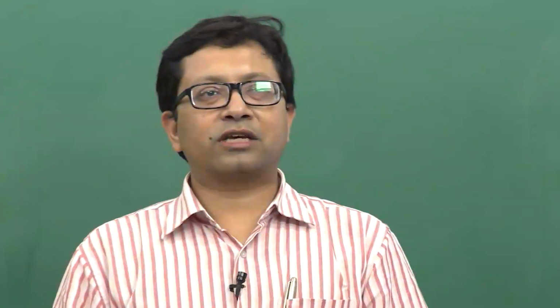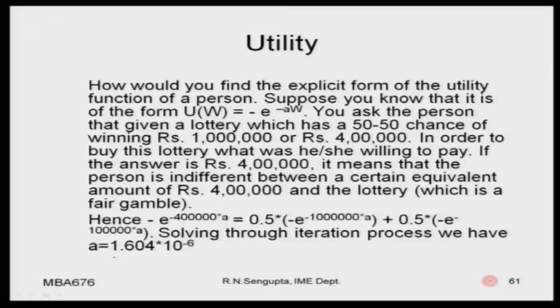Now, how would you find the explicit form of the utility function as stated? Consider that you have an exponential utility function, and you ask the person, who is given a lottery with a 50% chance and some stated values, one of 1 million, which is 10 lakhs, and another of 4 lakhs.